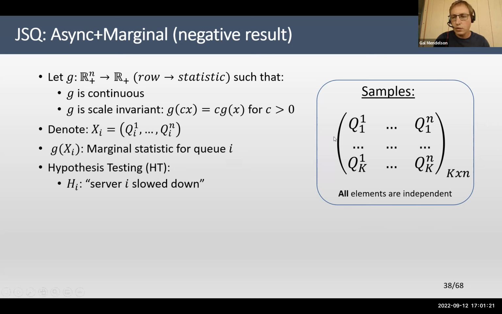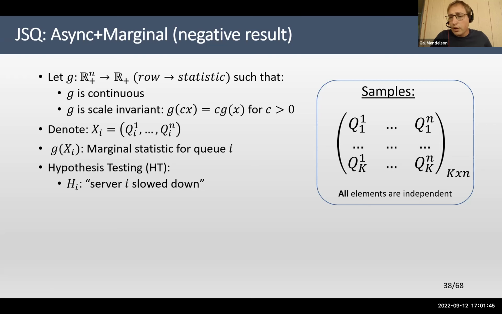Because we are summarizing over each row, let's define a function, which we call G, which maps a row to some non-negative number. This will be the summary statistic. Think of average, for example. We're going to assume two things about this G. One is that it's continuous, and the second is that it's scale invariant.